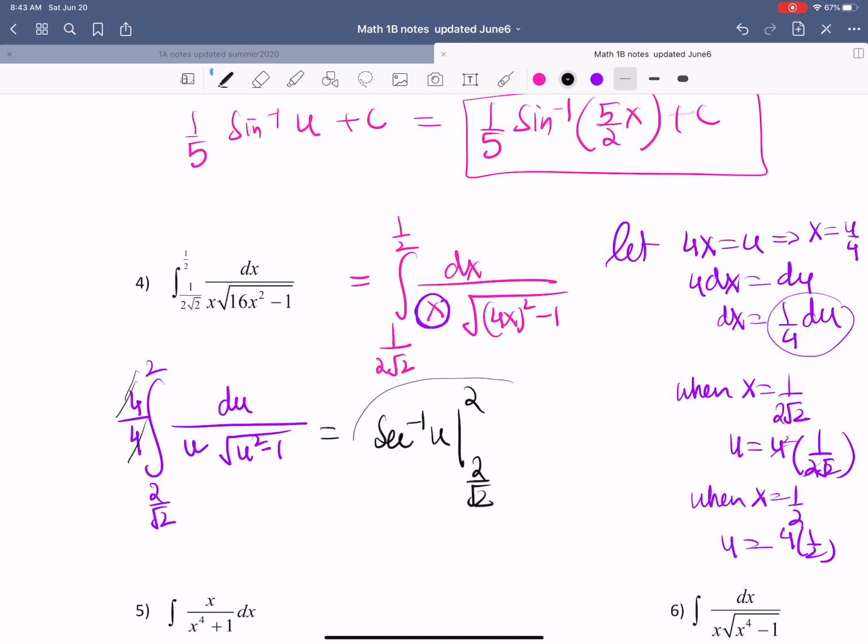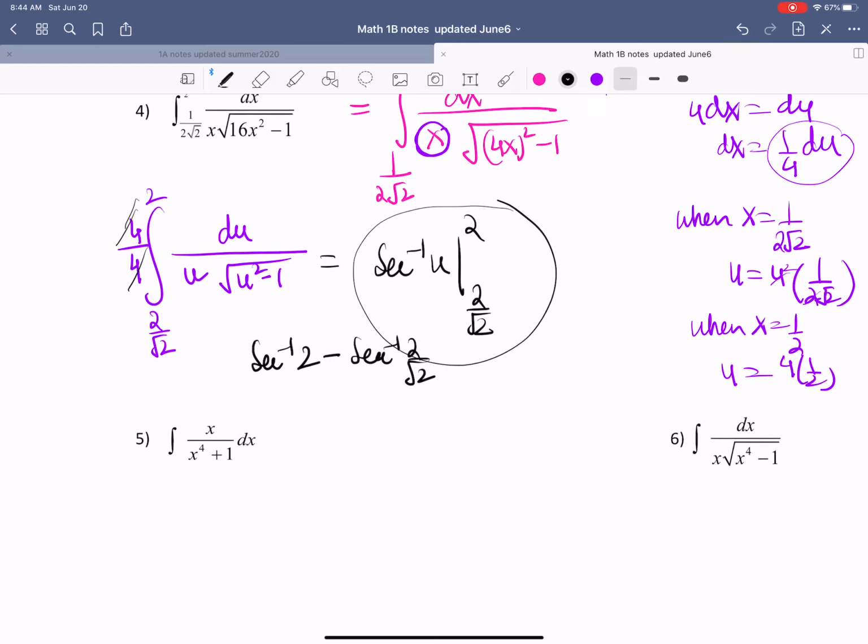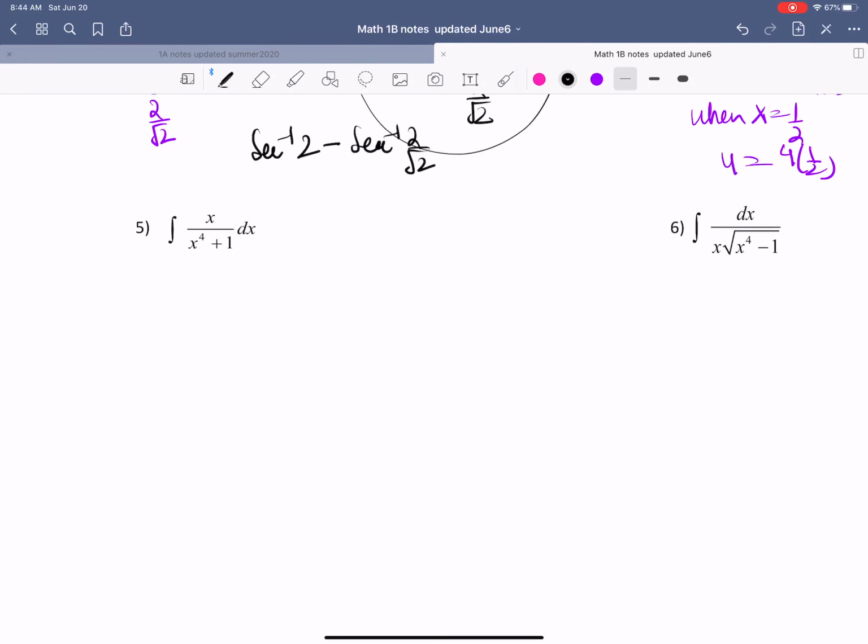So go ahead and evaluate this using the calculator. Just plugging the upper bound and subtracting. So all you have to do is secant inverse 2 minus secant inverse 2 over root 2. It can be done without a calculator as well if you remember your special acute angle cosine values, then you have the secant values from there as well.